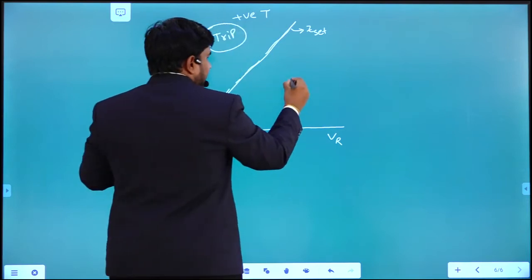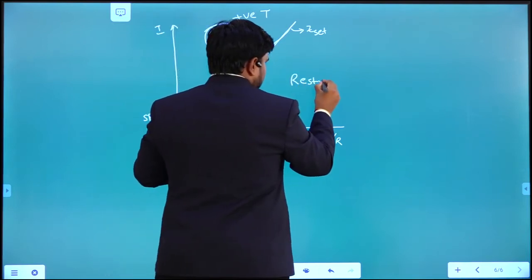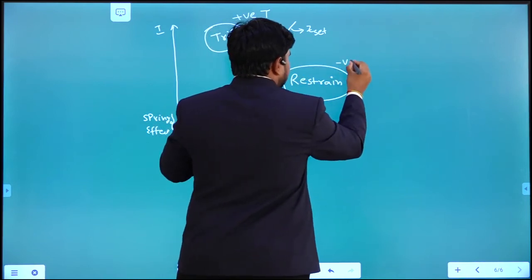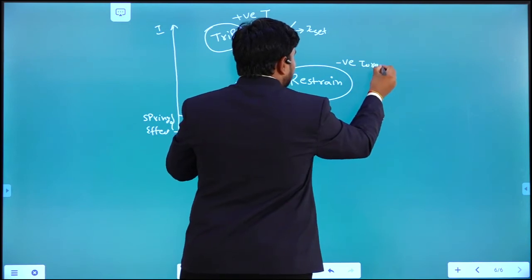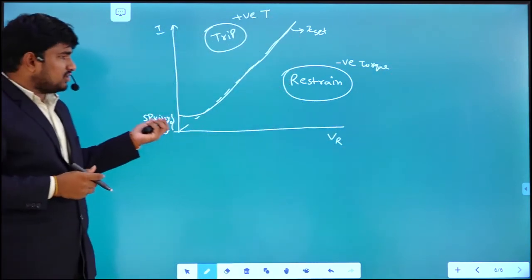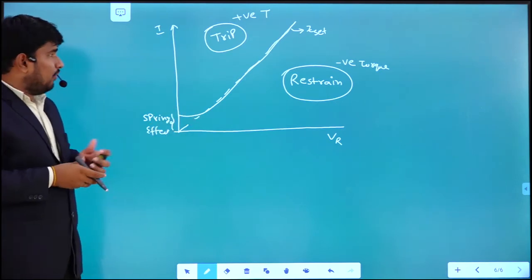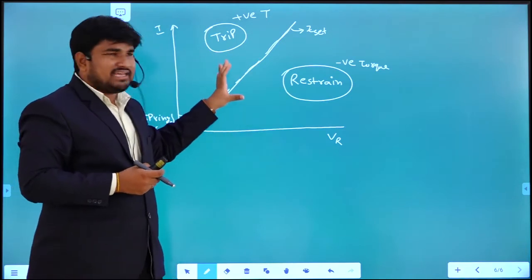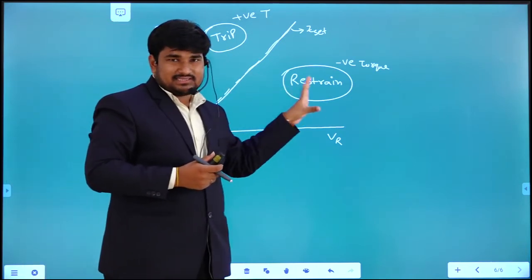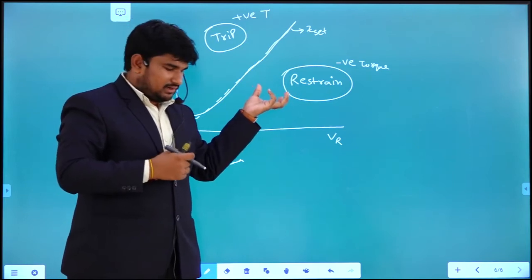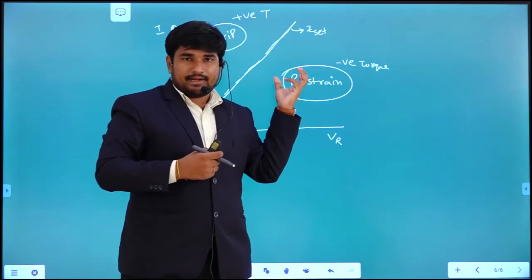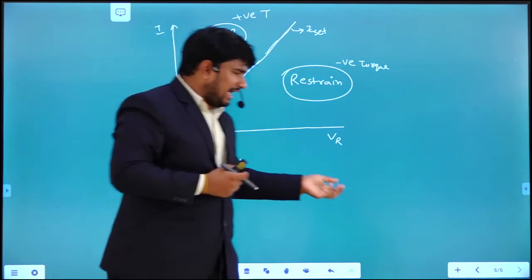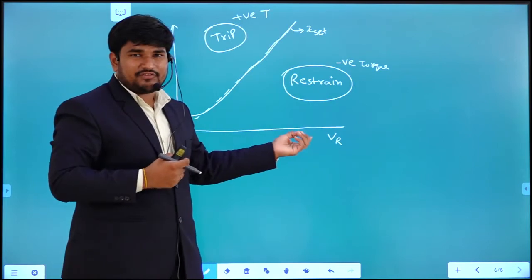That means it will restrain, which produces negative torque, or it will not produce any torque, right? So this is one characteristic. By using this characteristic, the exact working of the impedance relay will not be clearly observed. So to avoid this ambiguity, I will use another technique to draw the characteristics of the impedance relay.